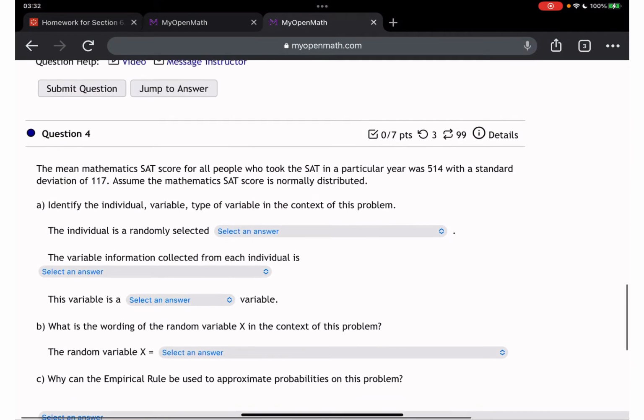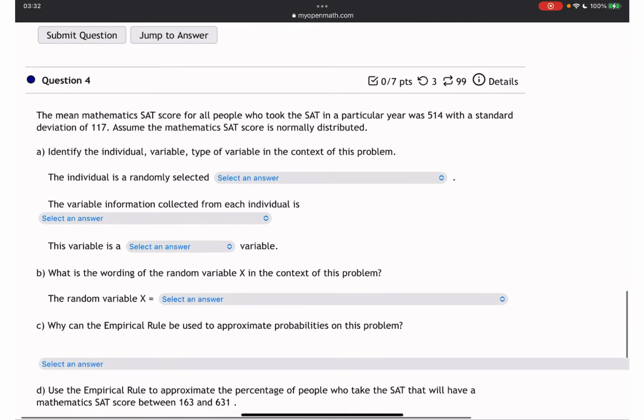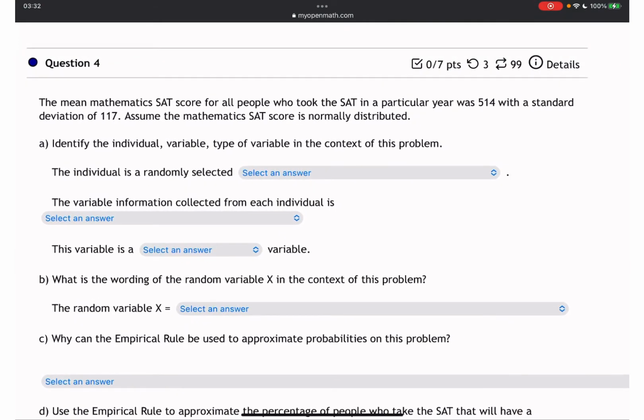Let me fly over. So what do we have? The mean mathematical SAT score for all people who took the SAT in a particular year was 514 with standard deviation 117. Assume the mathematical score is normally distributed.